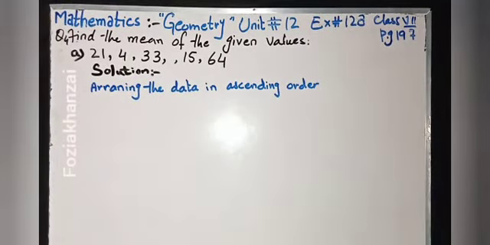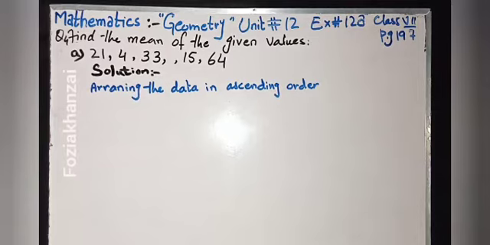First arrange the data in ascending order. It's not necessary to arrange the data in ascending order to find the mean, but if you write the data in ascending order, it's best. But to find the median, it is compulsory to first arrange the data in ascending order, smaller to bigger number.